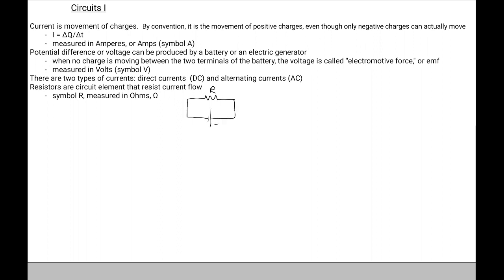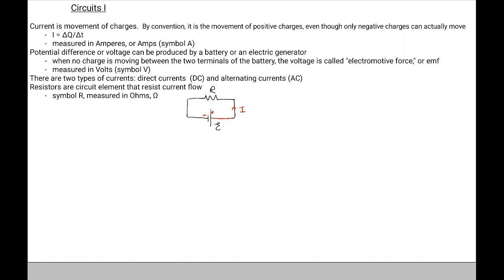Let's say that it has a certain EMF, electromotive force, and one important thing to know about the battery is that the longer terminal is positive, the shorter terminal is negative, and that means that the positive charges are going to go in this direction, and the current will be in this direction. Now, we can tell the direction of the current when there's only one loop in the circuit.